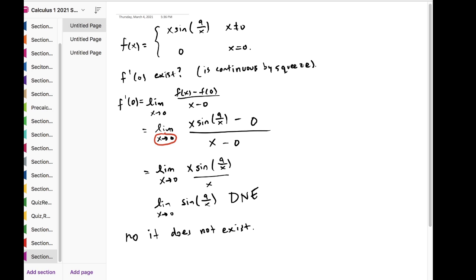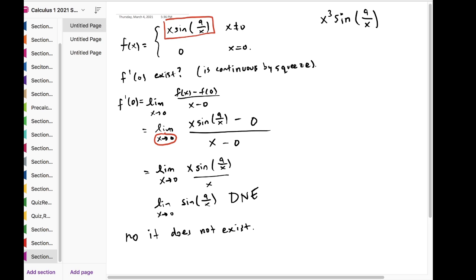Yeah, makes sense. So today we'll find out how to take the derivative of this function. And in fact, we'll see that if this was x cubed sine of 9 over x squared, or 9 over x, the derivative would exist here at 0, surprisingly.